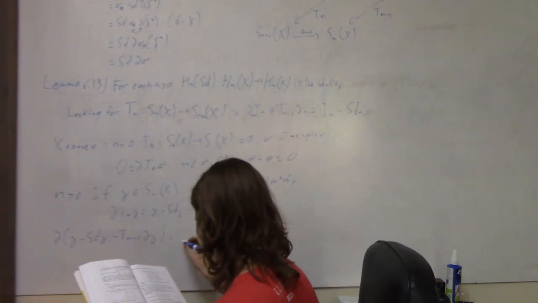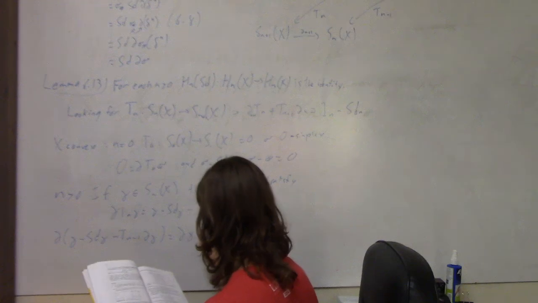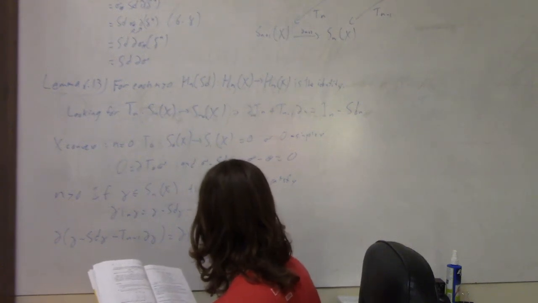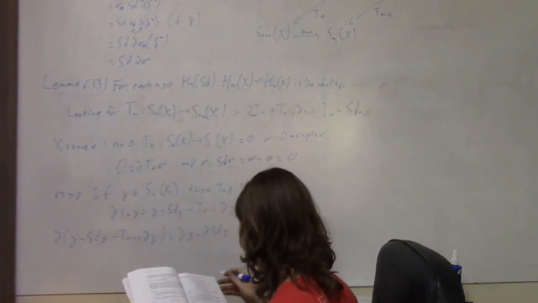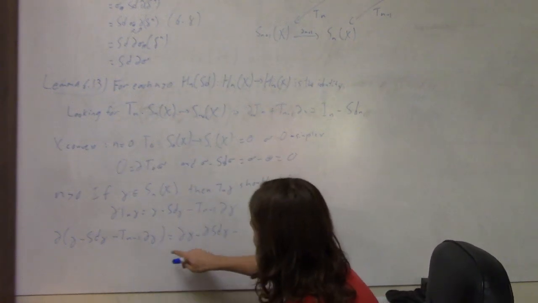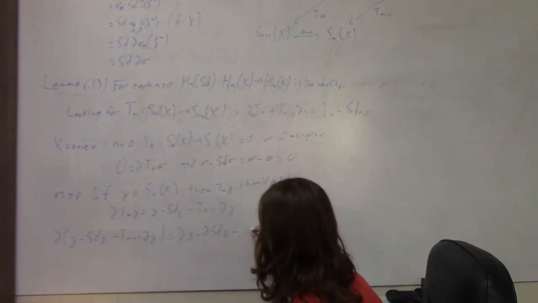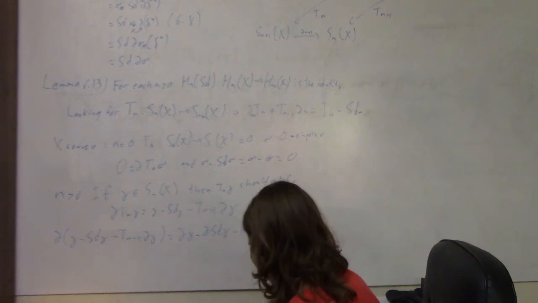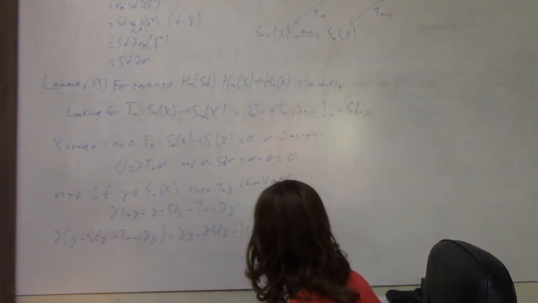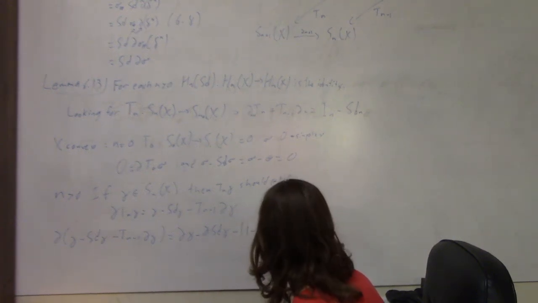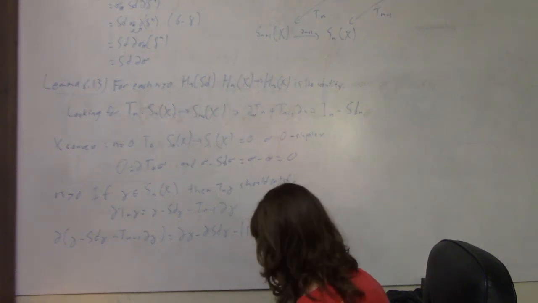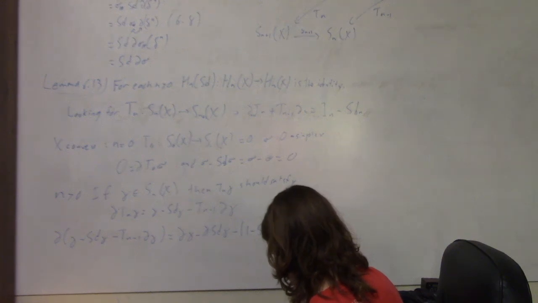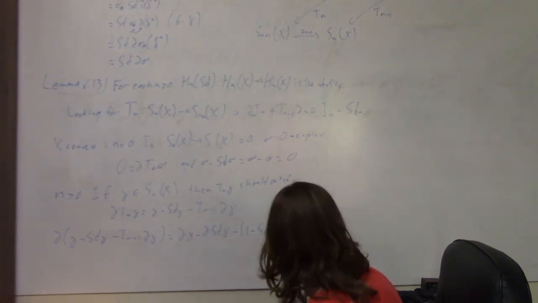So it's equal to boundary of gamma minus boundary of SD of gamma, minus the boundary of this, which inductively is going to be equal to 1 minus SD minus T(n-2) boundary of boundary gamma.